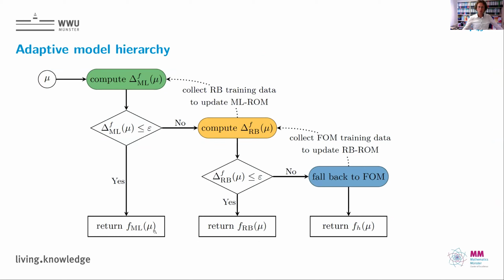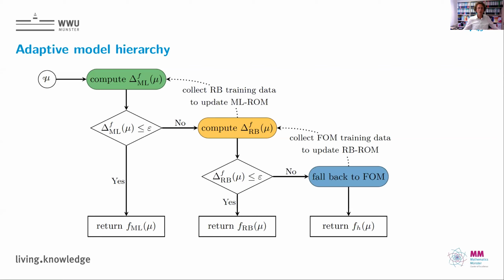And this is what we use now in a kind of black box simulation method, where the idea is that behind this black box, you have a model that gives, for a parameter that you put into this system, a correct answer with a given tolerance. And as a user, you might not even care what is going on in this black box. But this black box has a hierarchy of models. It has a full order model, a reduced order model, and a machine learning model.